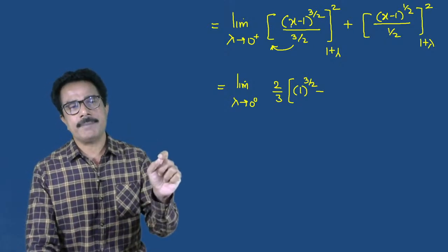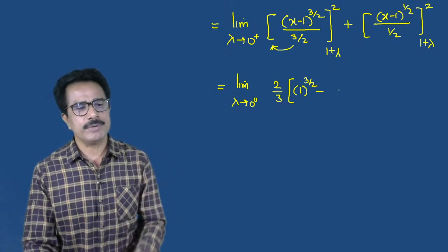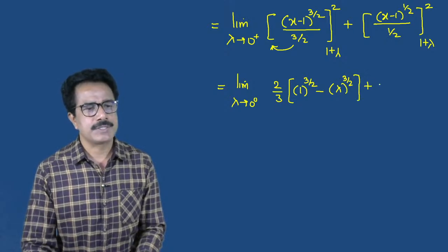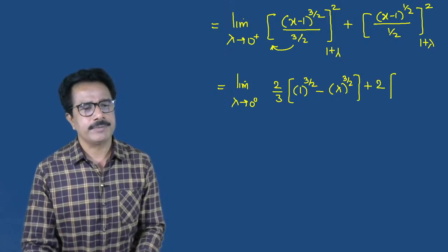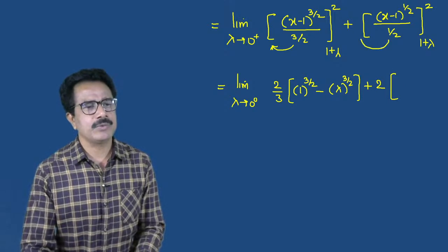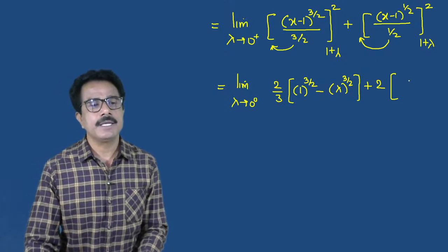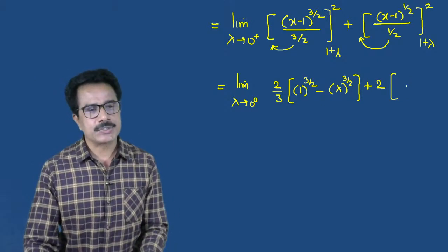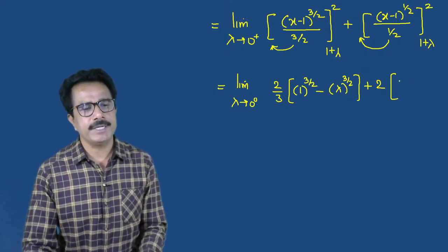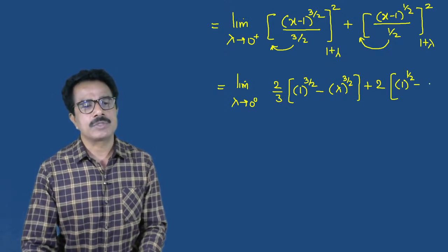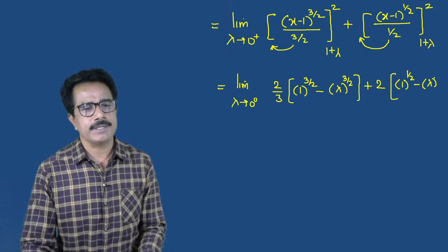In that, 1 and minus 1 will get cancelled, lambda raised to 3 by 2, plus 2 into, we can take out this limit of that bracket. Upper limit means 2 minus 1 means 1 raised to 1 by 2 minus lower limit means lambda raised to 1 by 2.